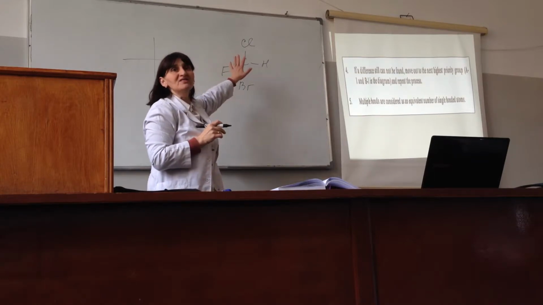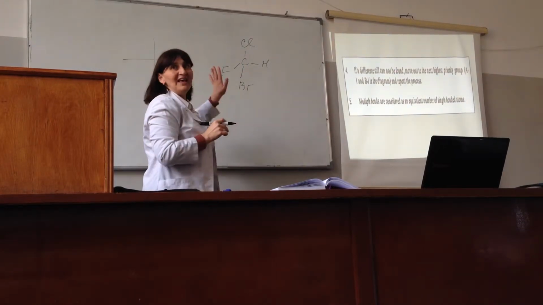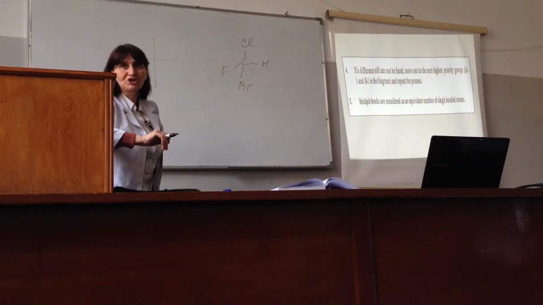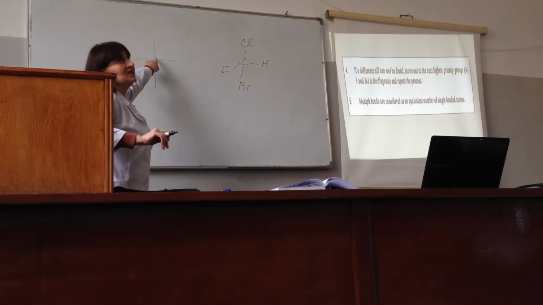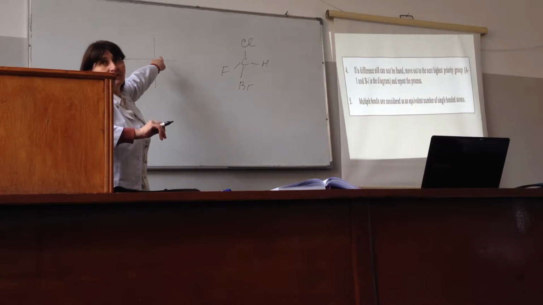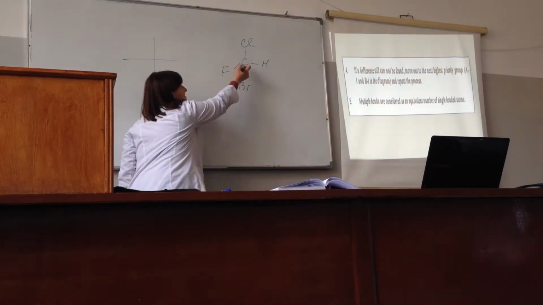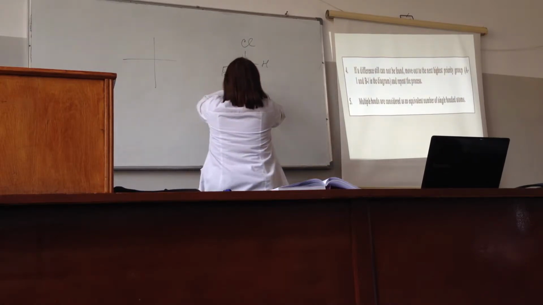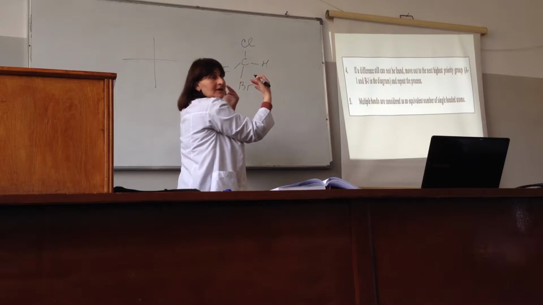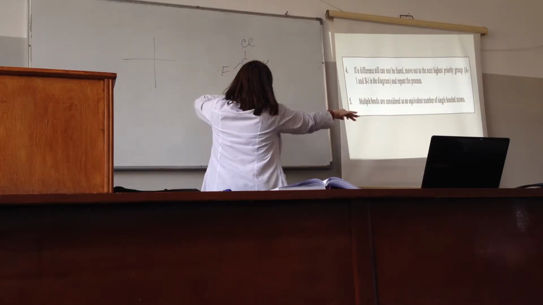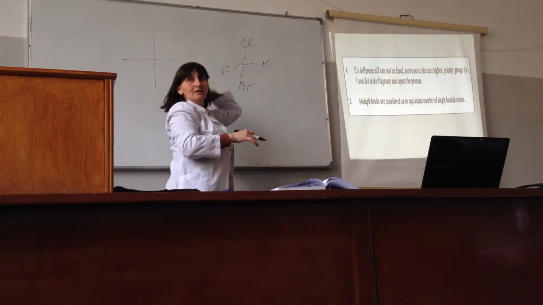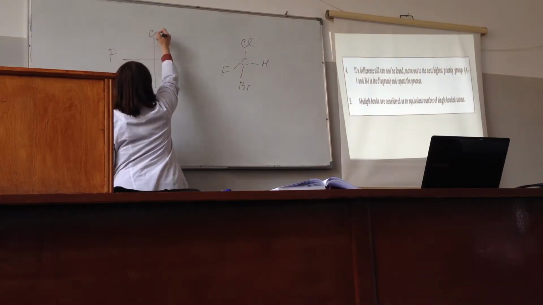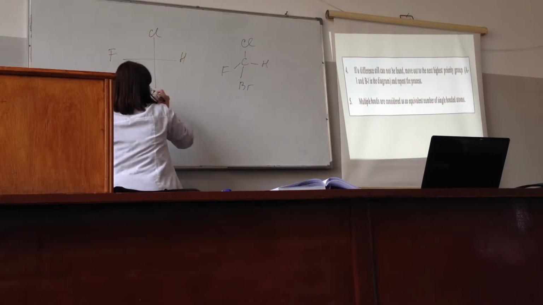You can write this molecule on the plane, and these formulas we call Fischer projections. At this point, you have the chiral carbon. Now let's write the other substituents. These two groups are in front of us, and this one on the left side, and this one back. So now look: F, Cl, H, Br. This is one version.